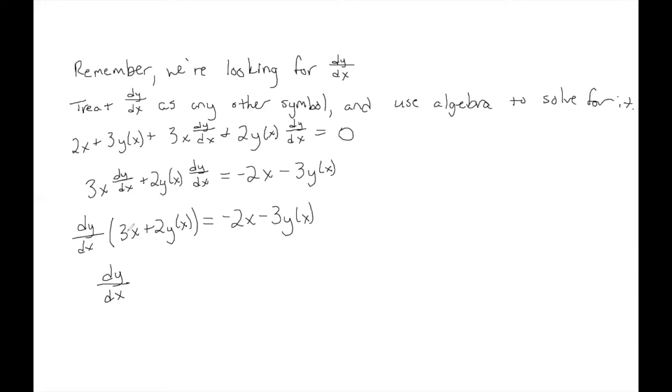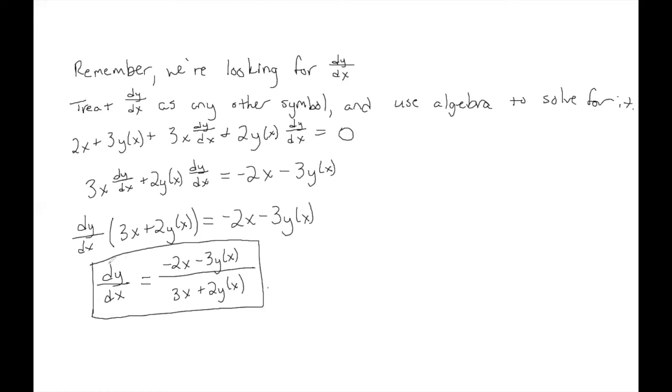This is as if I was saying 5 times this, right? This is just some number that I want to get rid of, right? To get rid of this attachment, I have to divide both sides by 3x plus 2y. So I have negative 2x minus 3y of x over 3x plus 2y of x. And this is my derivative.